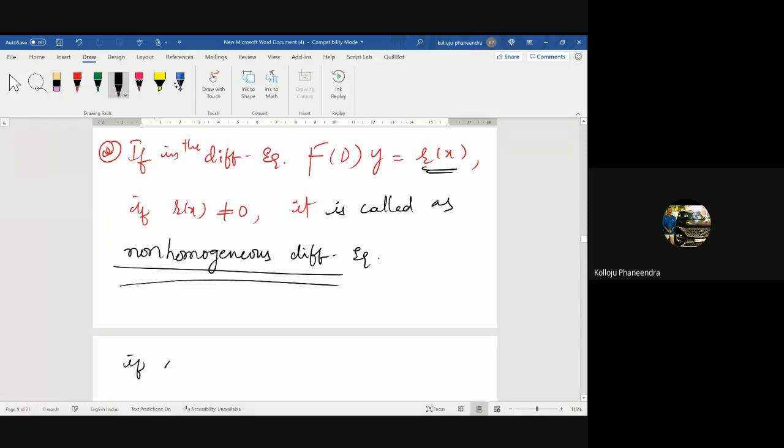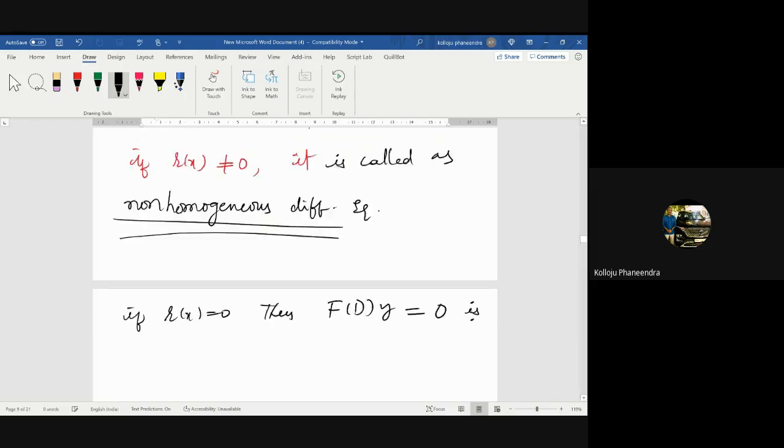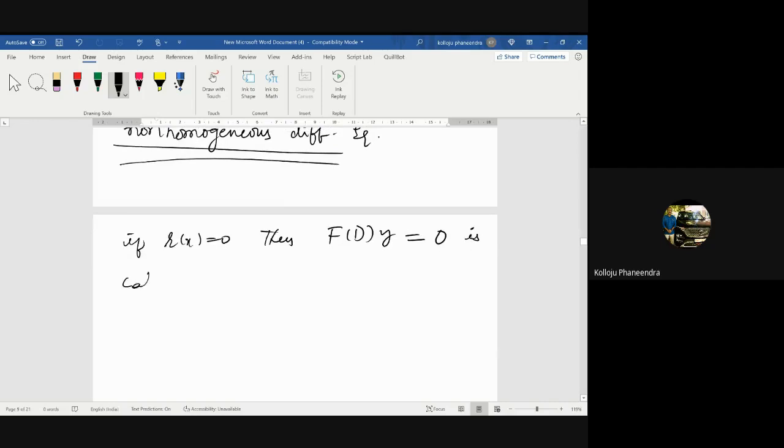If R(x) equal to 0, then this becomes F(D) y equal to 0, which is called a homogeneous differential equation. Okay, these two are the definitions.